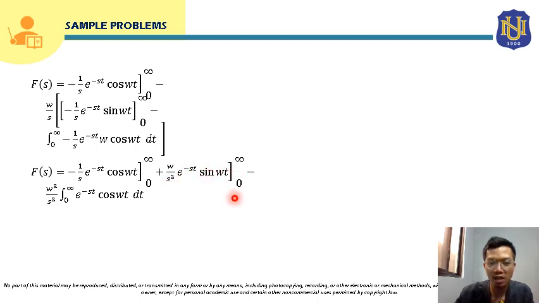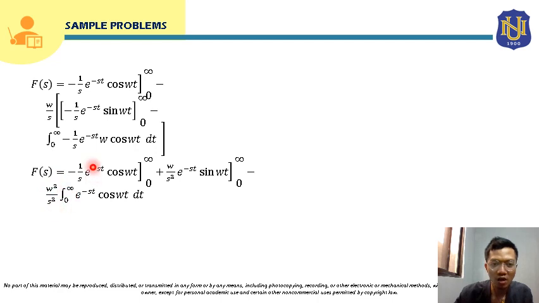We will still evaluate this from 0 to infinity. And then negative w over s times negative, so that will become positive, but this is negative here, so that will become negative here. So that will be w over s times w over s, that will be w squared over s squared.